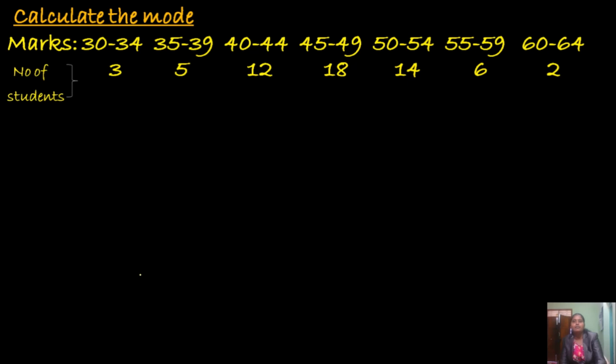Let's now move on to another problem. Here marks and number of students are given, but look at the values. What steps do we have to take before calculating mode? We find out whether the class intervals are continuous and in ascending order, and whether there is equal size or width between the class intervals.